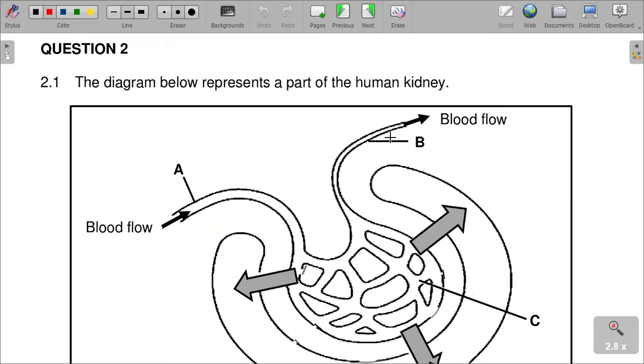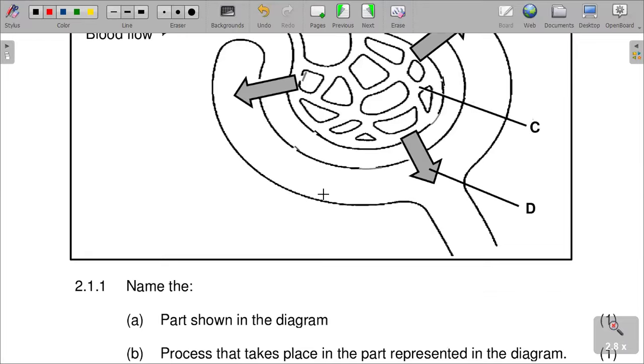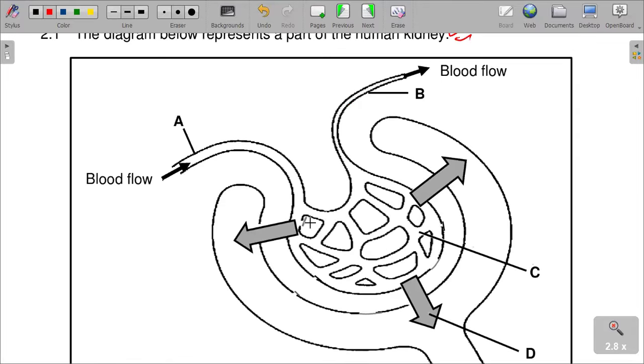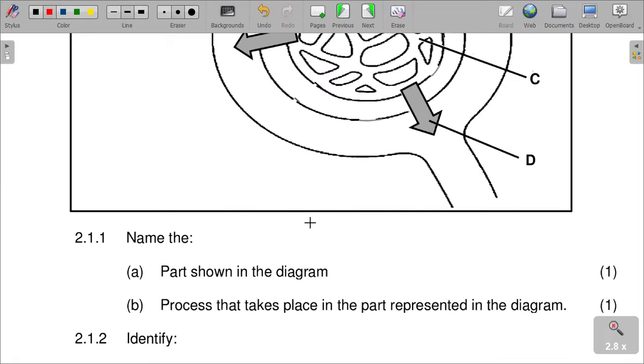Next question, section B. The diagram below represents part of the human kidney, and we are just quickly going to answer the questions that are there. First question is saying, name the part shown in the diagram. What part of the human kidney is shown in the diagram here?